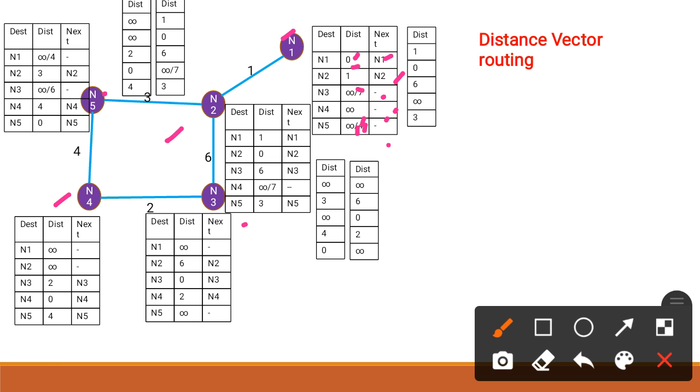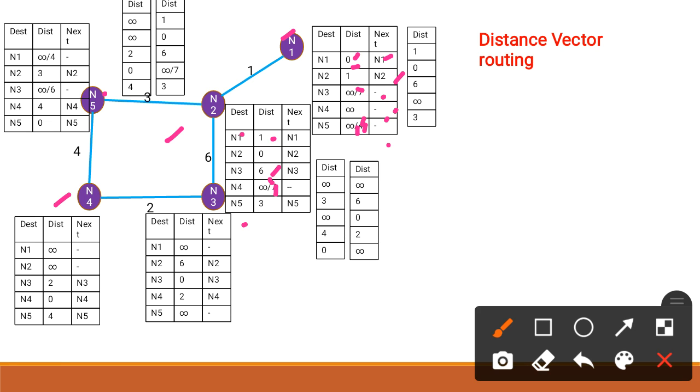Likewise, we maintain this table for n2, writing n1, n2, n3, n4, n5. The distances from n2 are: n2 to n1 is 1, n2 to n2 is 0, n2 to n3 is 6. n2 to n4, we don't know the distance, that is why here we are writing infinity.